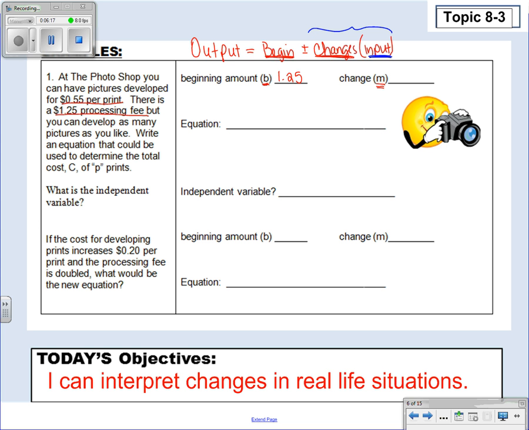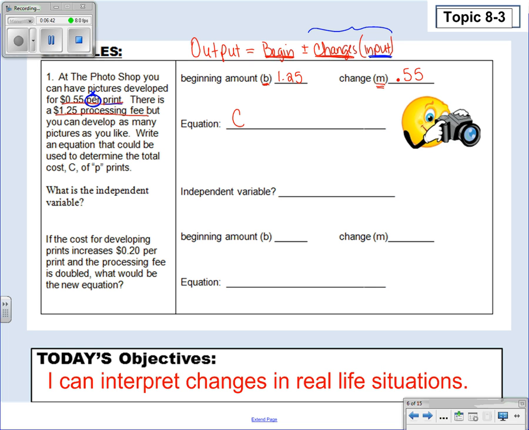And sure enough, we look at the 55 cents, and this is 55 cents per print. The per always tells us that the 55 is going to be multiplied by the number of prints, what comes afterwards. So since it is going to be multiplied by something, that tells us that 0.55, or the 55 cents, is the change. So now I can come up with my equation.